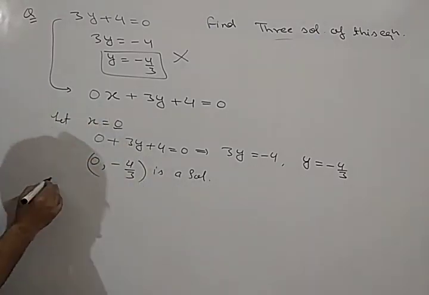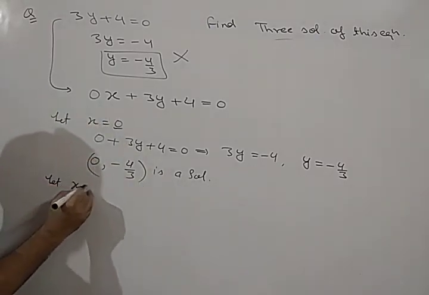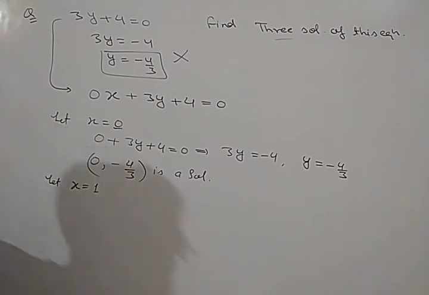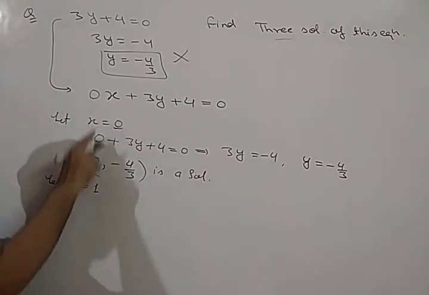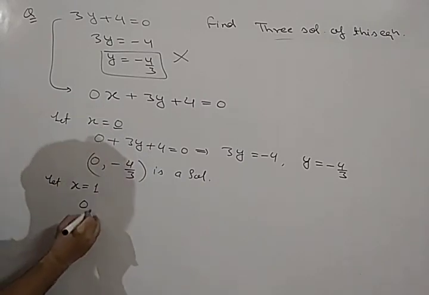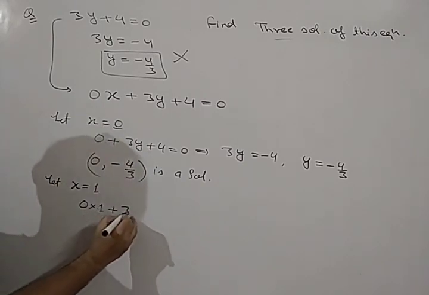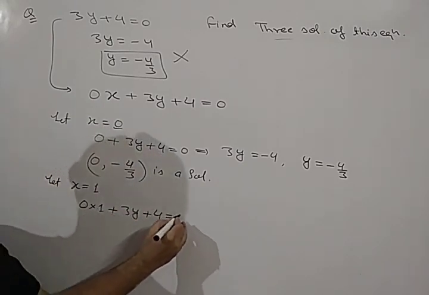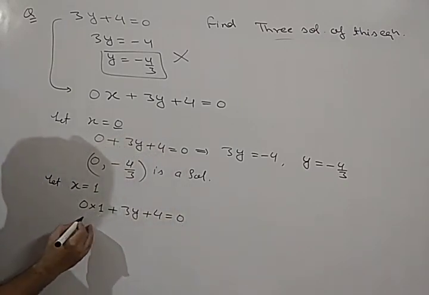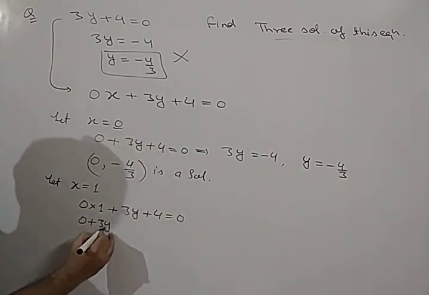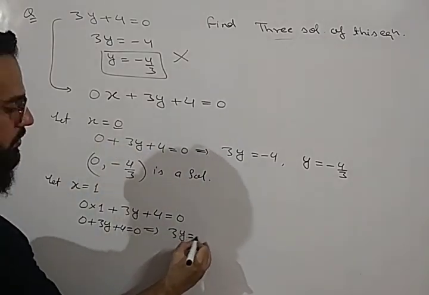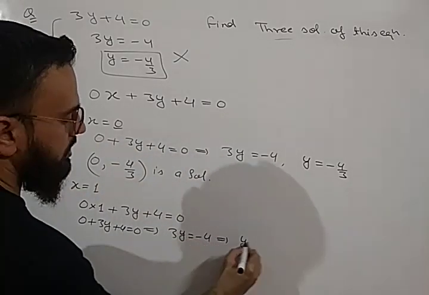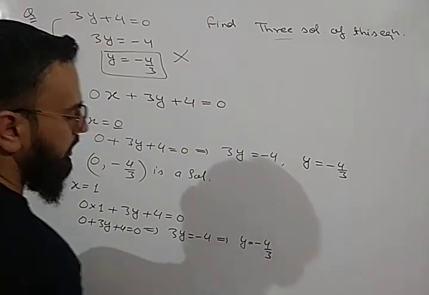Similarly, we can put another value of x. Let x be equal to 1. When we put x equal to 1, 0 into 1 will be 0, plus 3y plus 4 equal to 0, or we get 3y is equal to minus 4, or y is equal to minus 4 by 3.